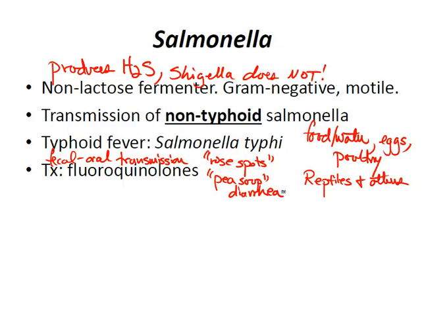So treatment of both types, typhoid and non-typhoid, includes, you got it, the fluoroquinolones. The exception is uncomplicated non-typhoid salmonellosis, in which antibiotic therapy is not recommended. So be careful of that.